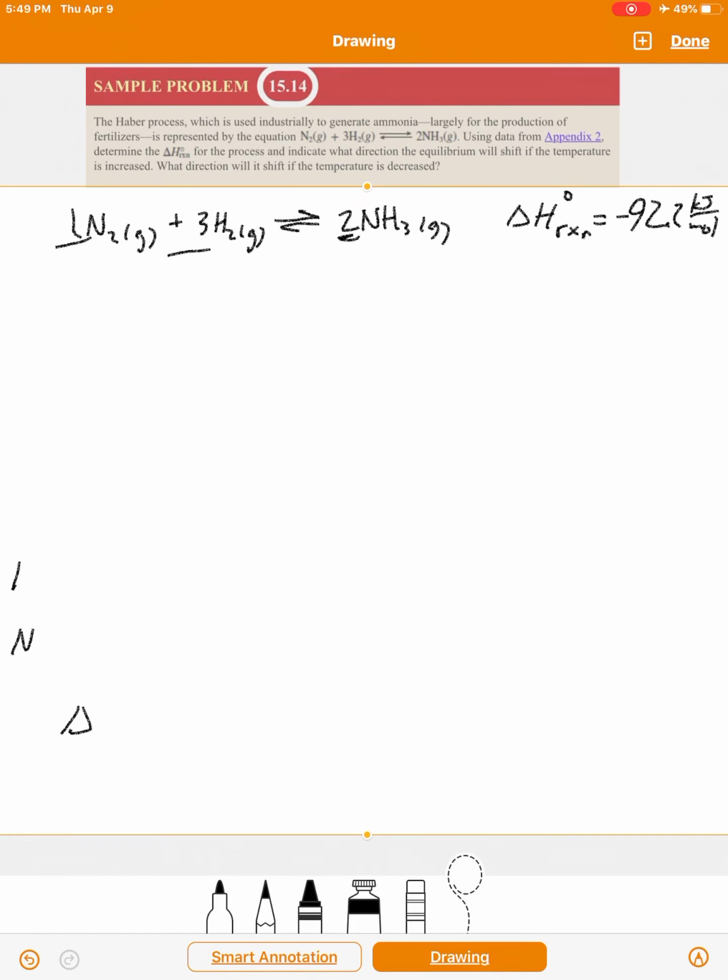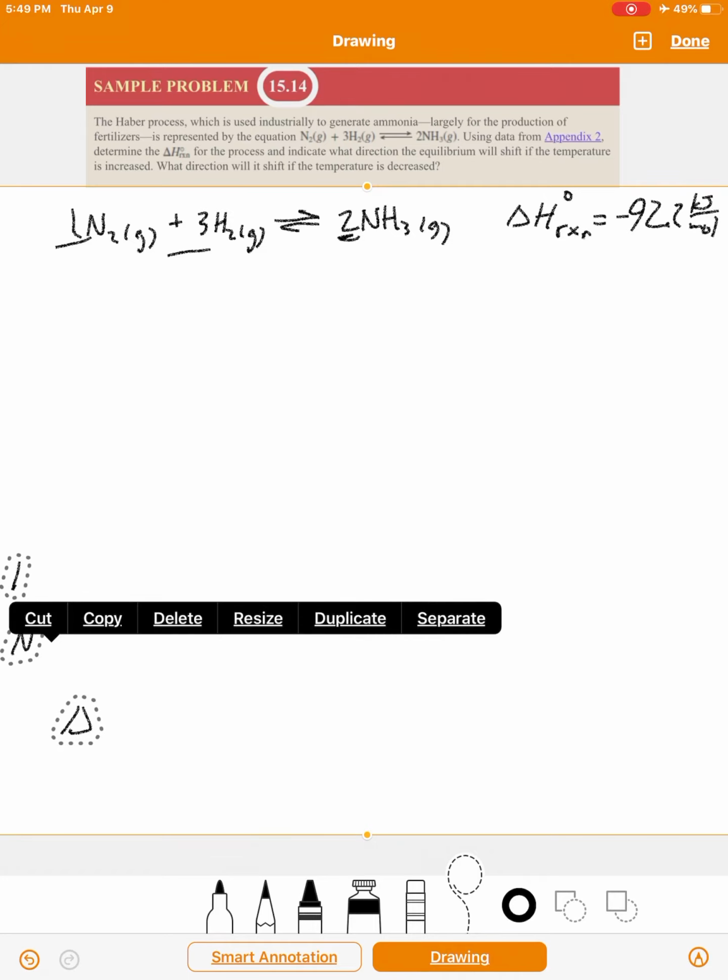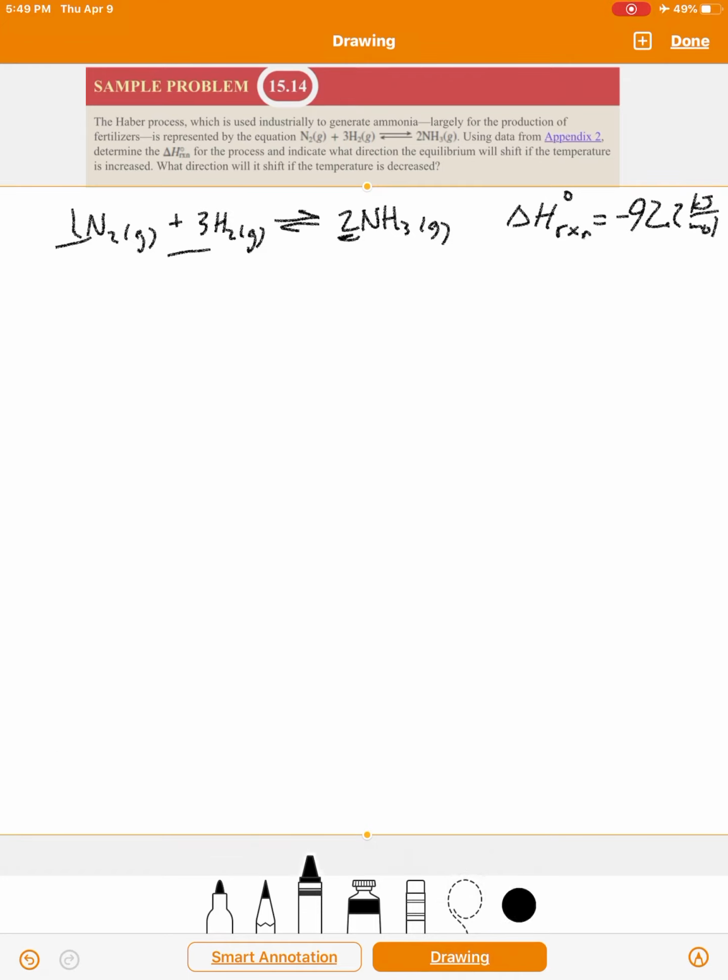The point is that if it's exothermic, what you do is you write the equation again. I'm going to write it again just because I want to show you where to write the delta H. If it's exothermic, you put it on the right side as a product.